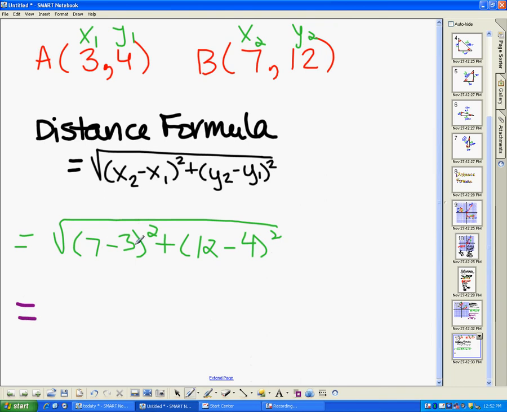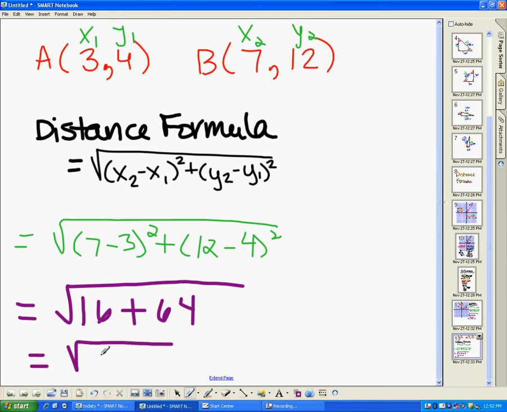7 minus 3 is 4. 4 squared is 16. 12 minus 4 is 8. 8 squared is 64. So when I add these two together, I get the square root of 80. That looks awful.